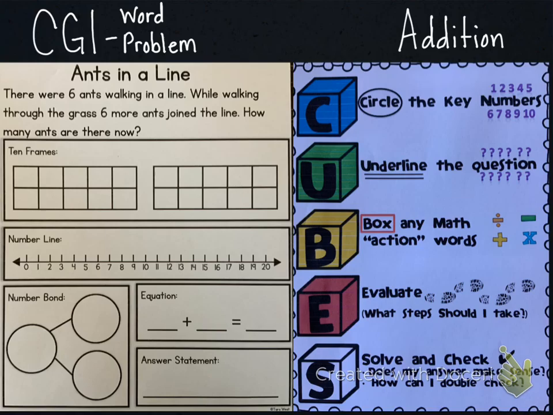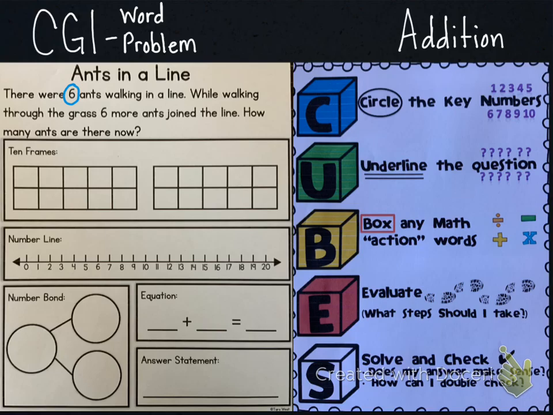I'm going to get my blue out because the blue is going to be circling my numbers. First sentence, there were 6 ants walking in a line. The important number there is 6. So I'm going to circle that. Second, while walking through the grass, 6 more ants joined the line.